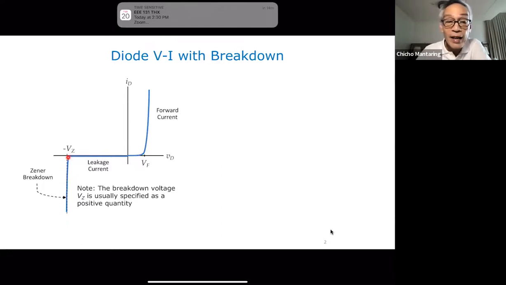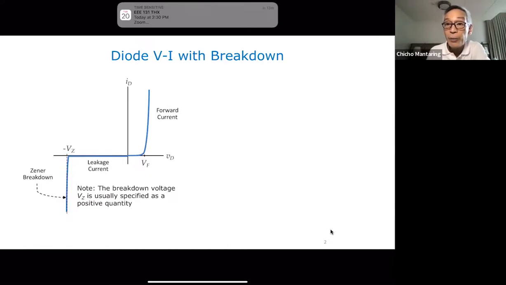A very large negative current is going to suddenly flow, and the voltage at which that happens is going to be almost constant. This is what we call breakdown, Zener breakdown.